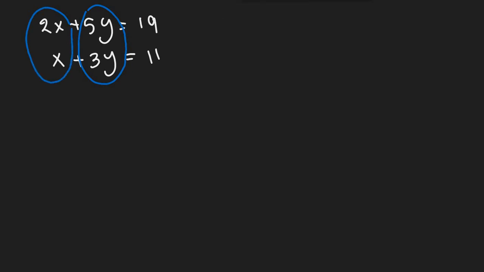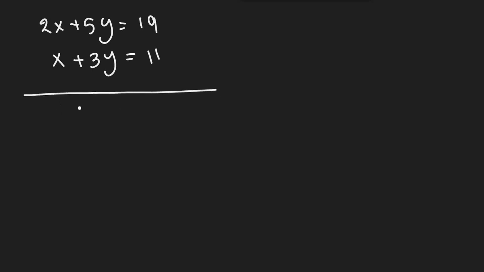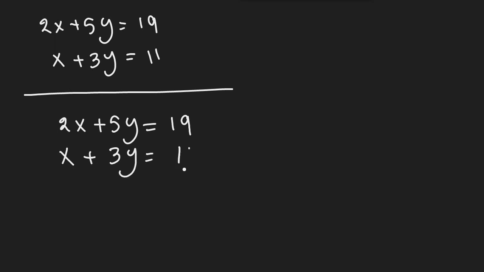So first we have to choose which one we want to eliminate, and then we have to make it equal. For example, I choose x and I want to eliminate x, so first I have to make the 2x equal, then eliminate. So how can we do this? Let's write the question again: 2x plus 5y equal to 19 and x plus 3y equal to 11.